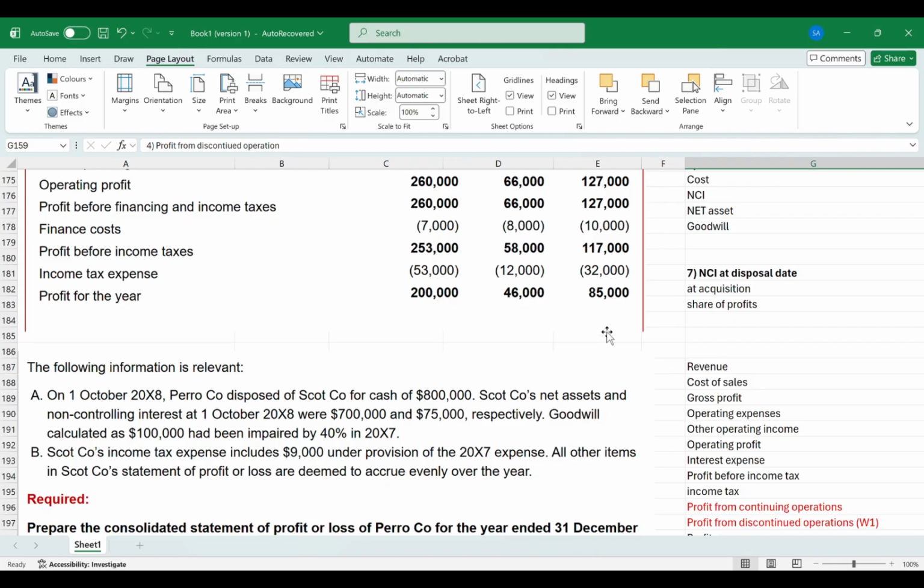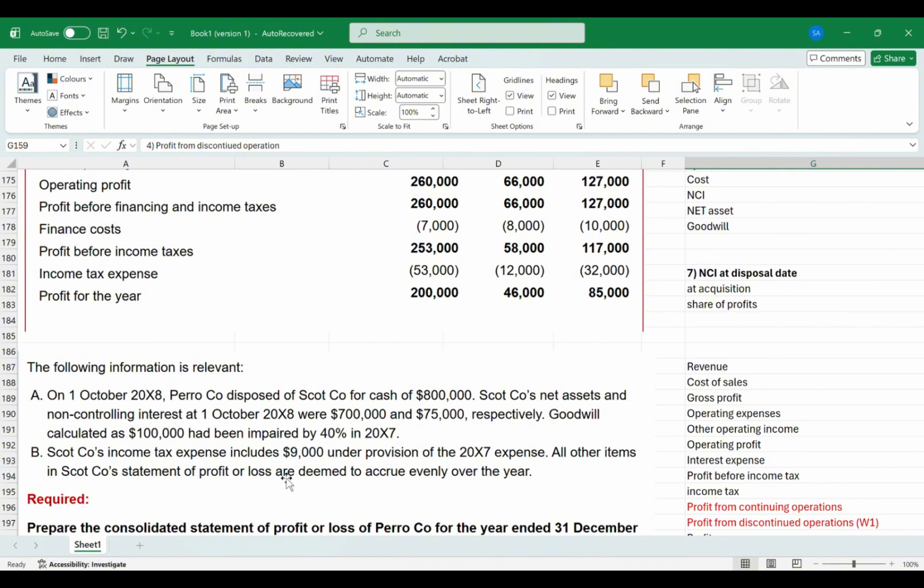With this 85, look at note B: the income tax expense includes 9,000 under provision. So that 9,000 you have to take from the profit. So 85 plus 9.